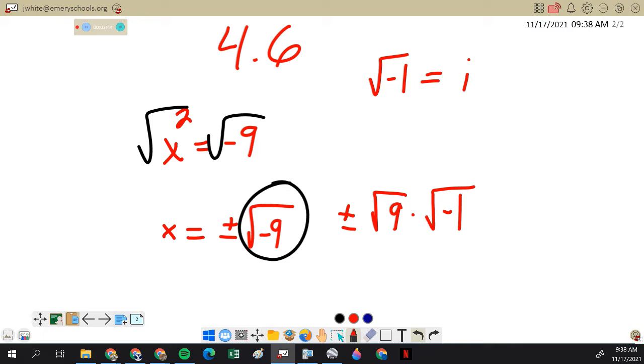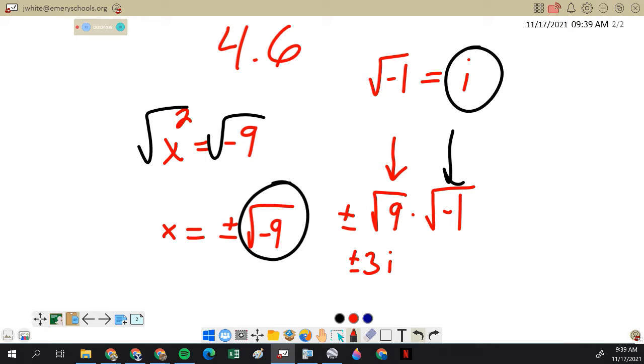So we split the negative from the rest of the number, and this we know, it's just 3, and this is i. So what number times itself is negative 9? 3i. Yeah, it's an imaginary number.